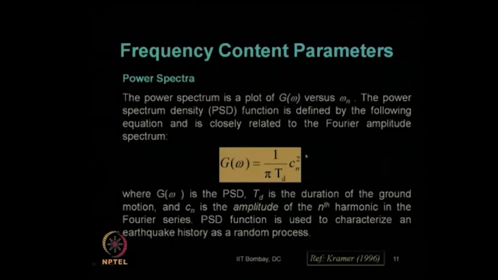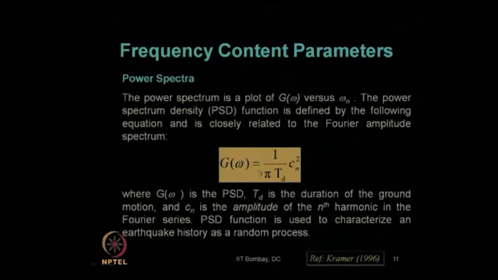So, similar to the Fourier series, the power series is another form of mathematical expression which can be used to express the earthquake response to obtain the frequency content. So, this is the power function g omega.